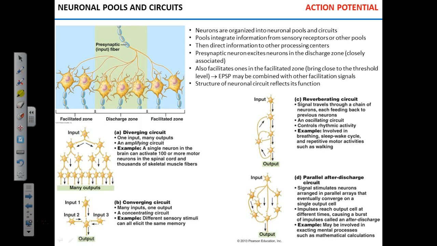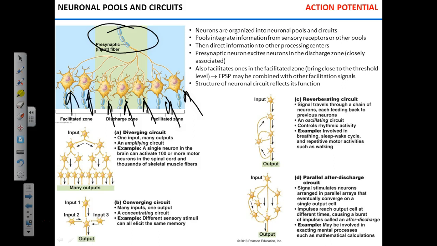So I have 2 cells, right? In fact, neurons are organized in pools. So for instance, a given presynaptic neuron can extend its fibers to multiple neurons downstream.